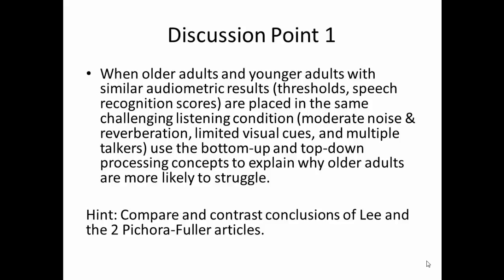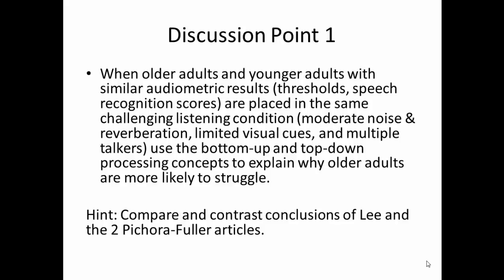The first discussion point I want to address next week is when older and younger adults with similar audiometric results, the typical results, threshold, speech recognition scores, are placed in the same challenging listening environment, and we'll just say it's moderate noise, reverberation, limited visual cues, and a few people talking, a typical restaurant environment. We'll discuss how the use of bottom-up and top-down processing concepts can help explain why those patients are more likely to struggle.